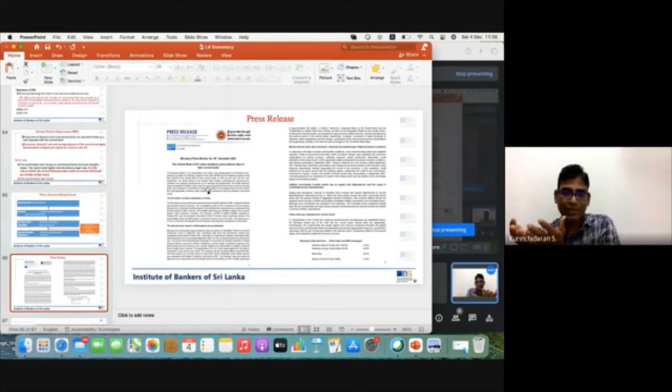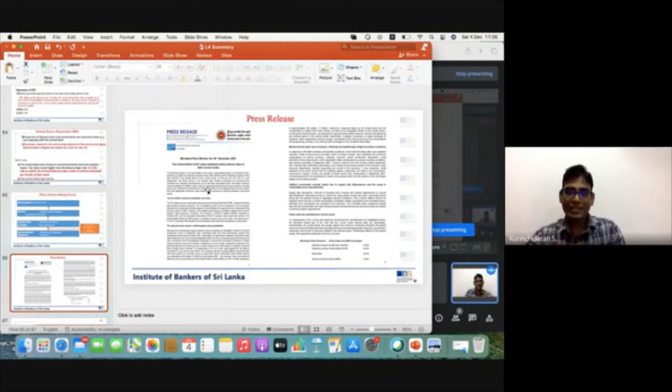right? When the money market rate goes up, then the cost of funds of the banks goes up. When the cost of funds goes up, they will increase their lending rate. It will take some time, that's the lag time. Normally the lending rate increase is immediate, within a short period, as and when the agreement renewal comes.